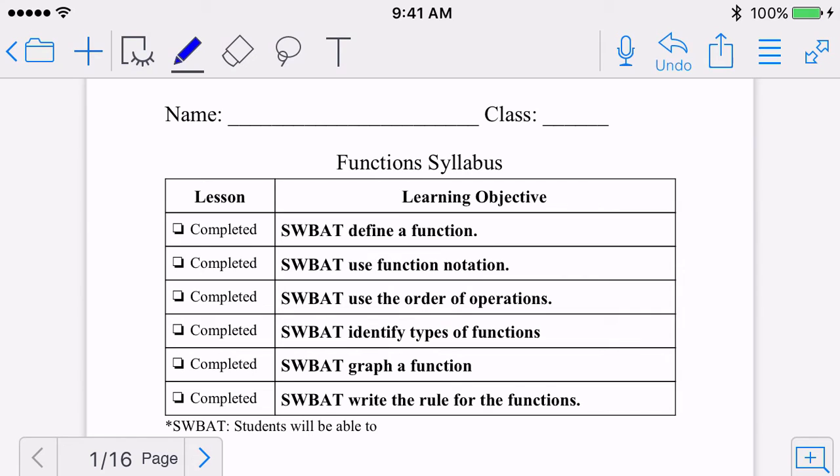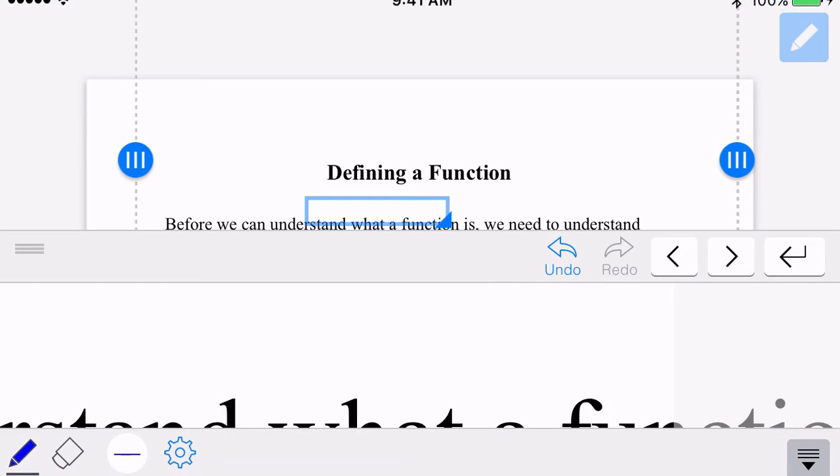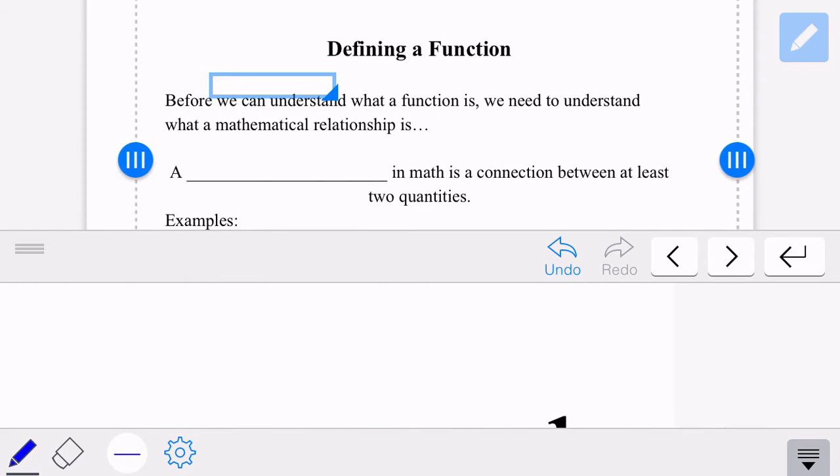So what we're doing today is defining a function. So we're going to check that one off right there. All right, and then moving on. Our first thing with defining a function, before that, we need to understand what a mathematical relationship is.